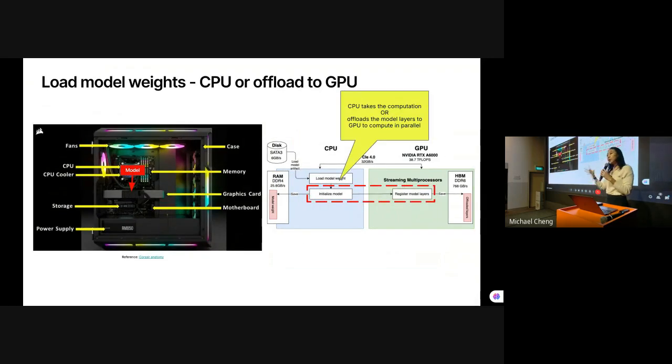And then the CPU can decide to take the computation itself, or it decides, "Hey, I have a GPU, which is much faster. I should maybe offload some of the computations to the GPU." So a quick primer on CPU versus GPU, in case anyone's wondering. The GPU is much faster, because imagine if I had to take a paper and distribute it to all of you.